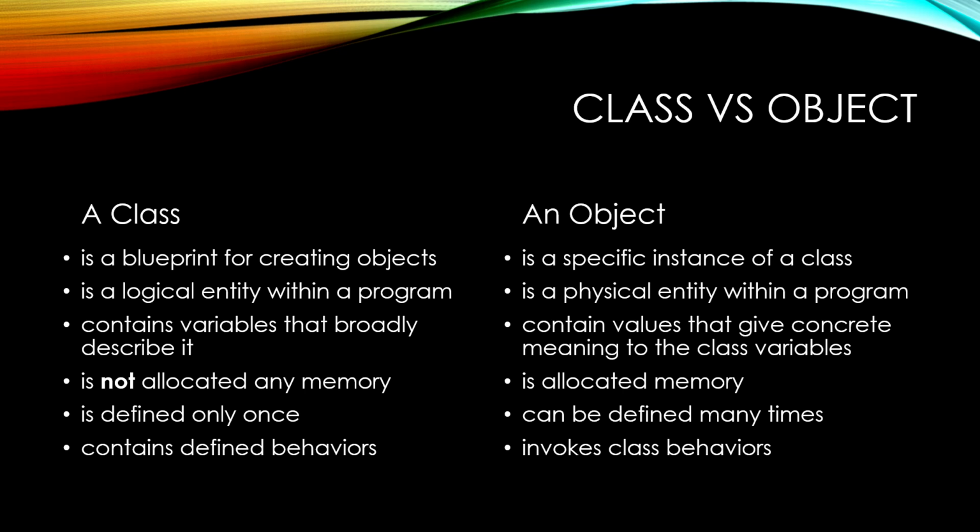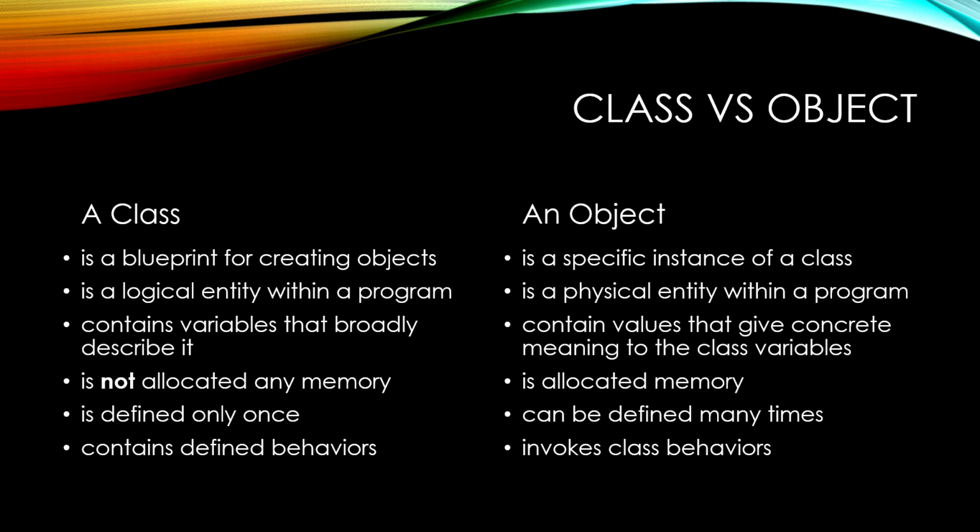Another key difference with a class, you can only define them once. Once you create the class, you've done all you need to do for it. When you create an object, you can create tons of these. You could create a list of objects of a class that you've created. And this is extremely common and will be something featured in our second class project.